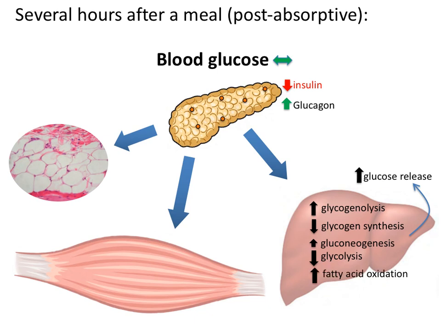The liver makes most of its ATP now by oxidizing fatty acids. In muscle, GLUT4 is re-internalized into the cells and glycolysis decreases. Of course, this depends on the muscles being at rest. If the muscles are exercising under these conditions, then GLUT4 levels stay elevated and glycolysis will continue.